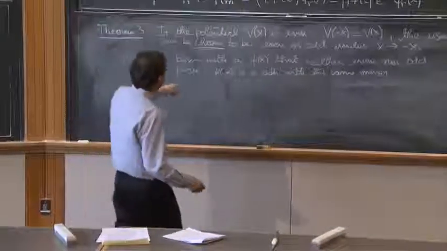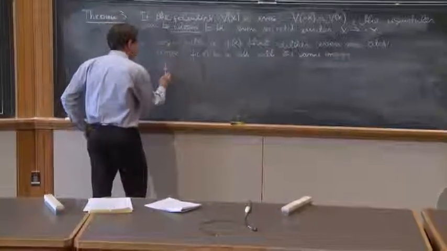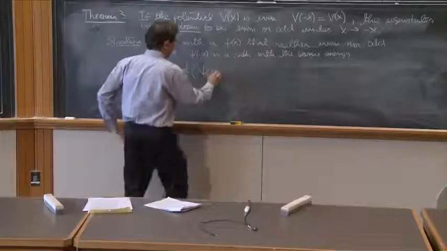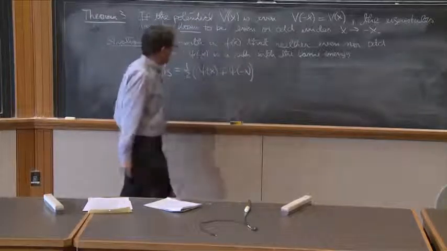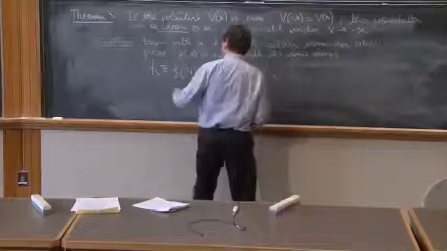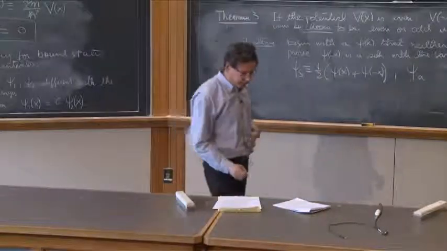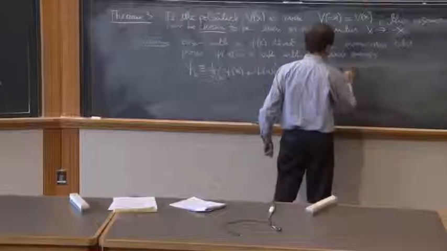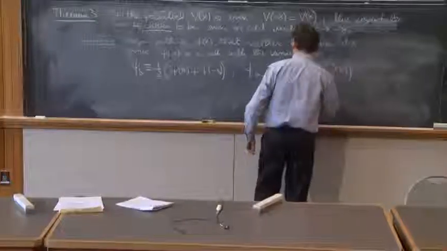If we have these two solutions with the same energy, then you can build a psi S, which is 1/2 of psi of x plus psi of minus x, and a psi A, S for symmetric and A for antisymmetric, that is 1/2 of psi of x minus psi of minus x.